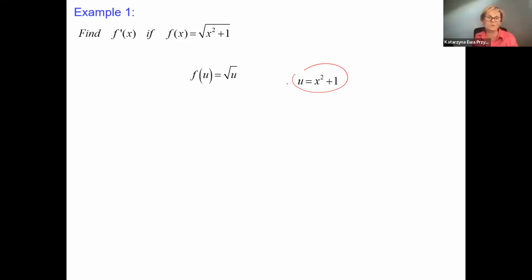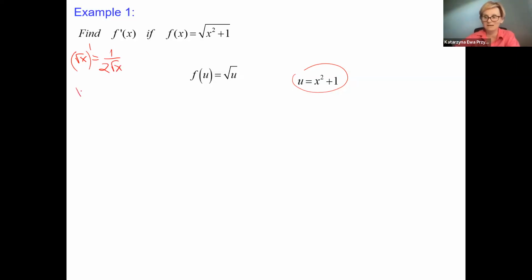Then we have just square root of u. Now we can differentiate square root of u. We will still differentiate u, but let's at least start this. What's the derivative of square root of u? When we have, for instance, square root of x, the derivative is 1 over 2 square root of x.